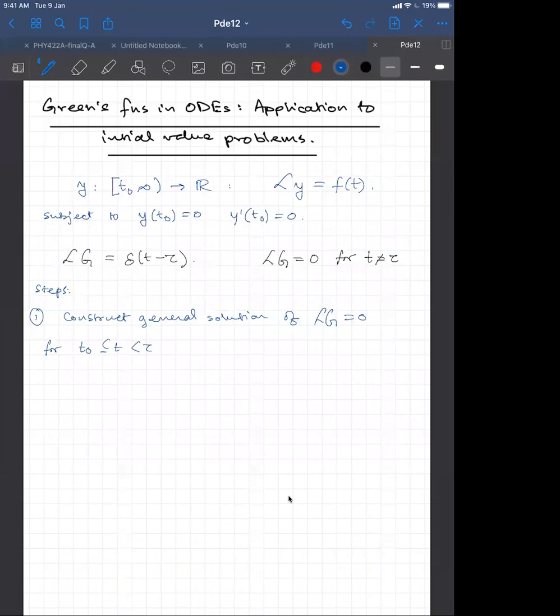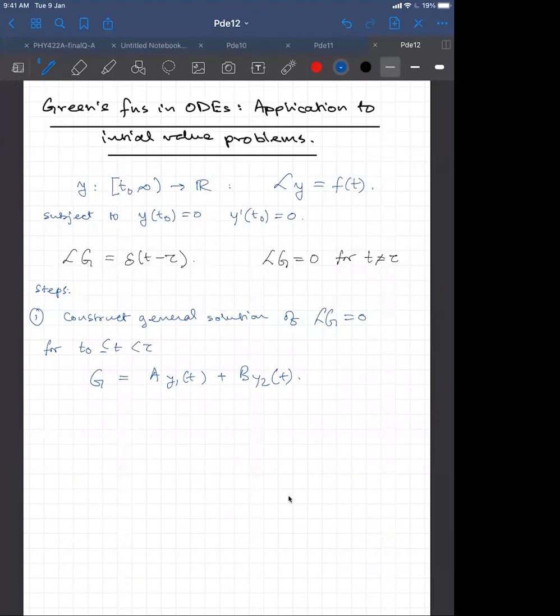So g is given as a y1 of t plus b y2 of t, where y1 and y2 are any basis of linearly independent homogeneous solutions. That's step one.